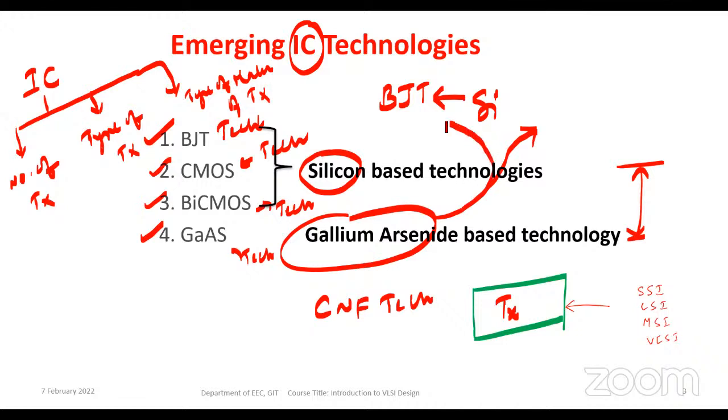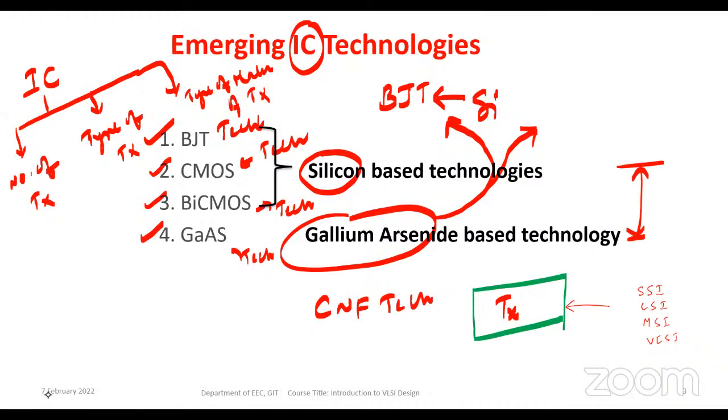So the material can be the same for different transistors. What kind of material we use, we'll see in a short while. But IC technology classification based on the material is possible, classification based on type of transistor is possible, and classification based on number of transistors is also possible.